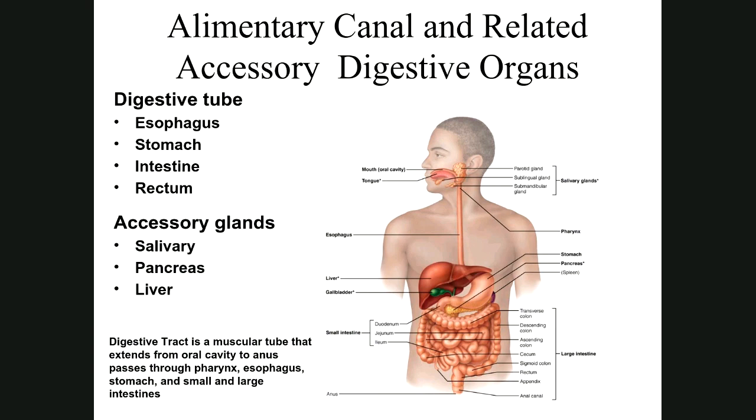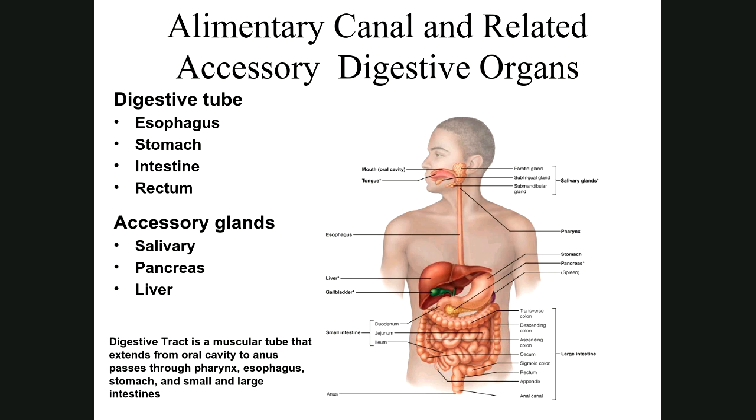Its organs are the mouth, the pharynx, the esophagus, the stomach, and the small and large intestine.